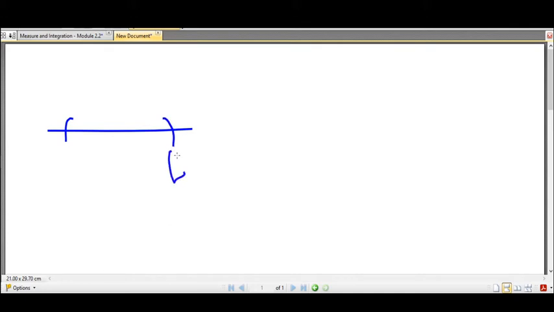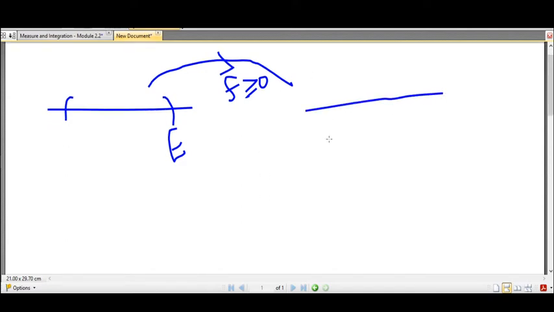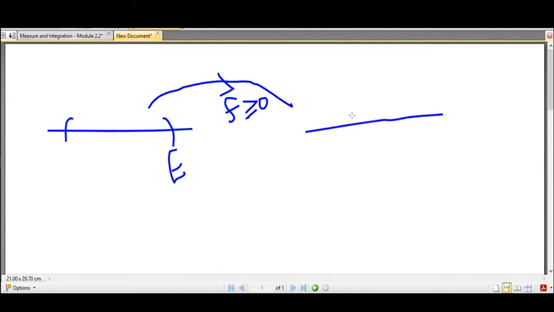E is a set. The f is a measurable function on E, and also assume that it is a non-negative function on E. Therefore, f has the values f of x in the codomain.